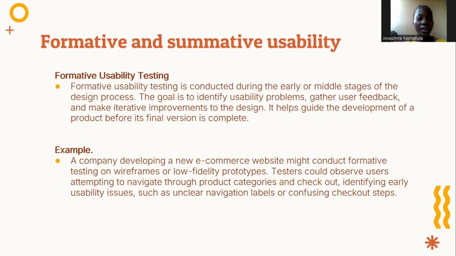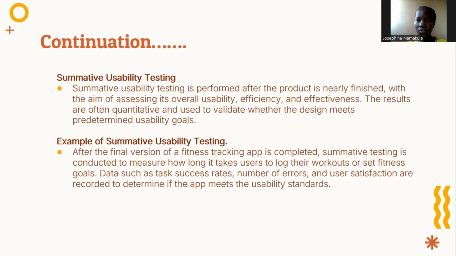For example, a company developing a new e-commerce website may conduct formative testing on wireframes or low fidelity prototypes. Testers could observe users attempting to navigate through product categories and checkout, identifying early usability issues such as unclear navigation labels or confusing checkout steps.